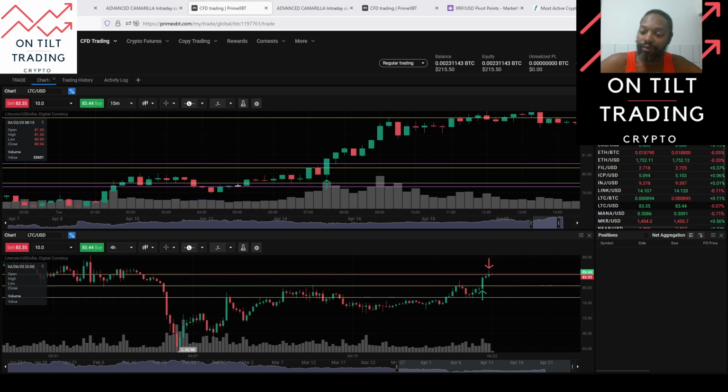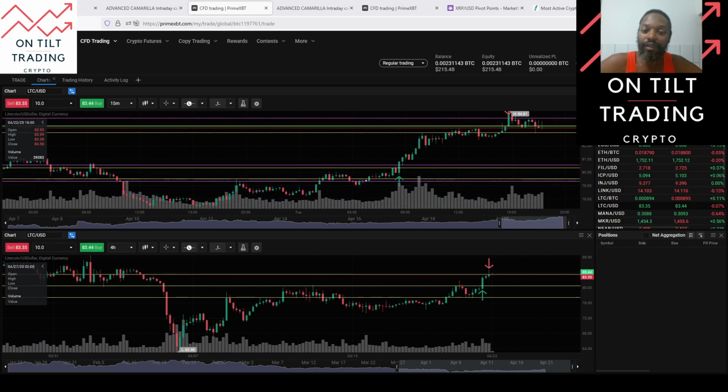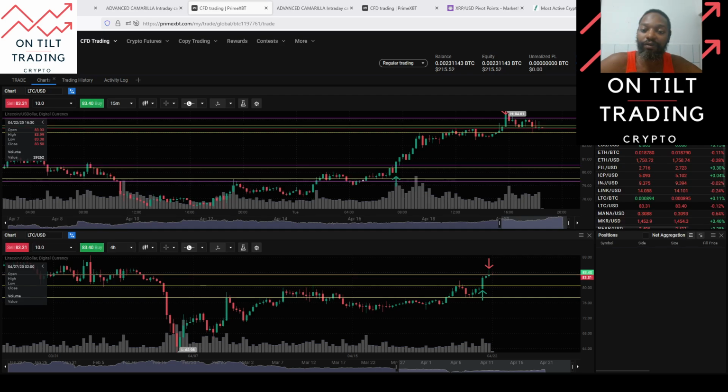And then I took profits up here. This is the R7 level up here. In this area we can see the elevated volume profile down here, and then target hit.